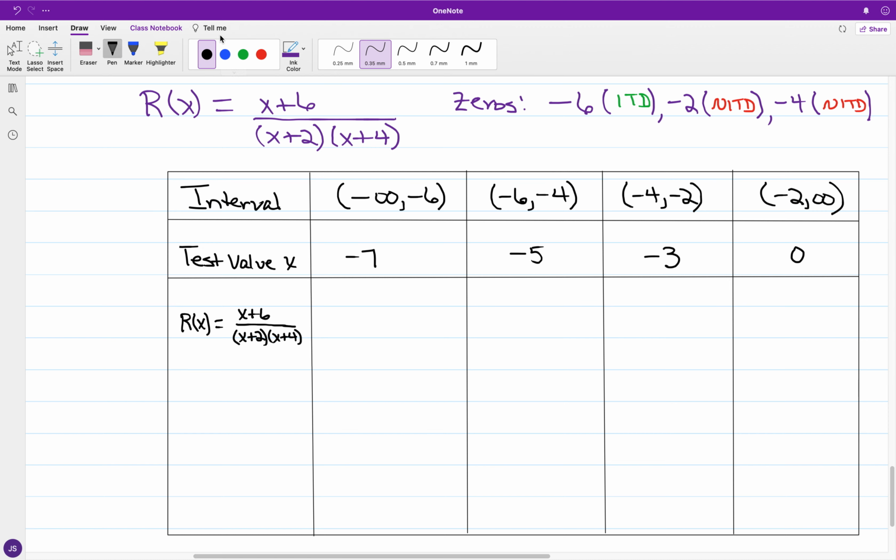In the case of r of -7, you have -1 on top, and then you have -5 times -3 in the denominator, so you have -1 over 15. So r of -7 is going to be -1/15.